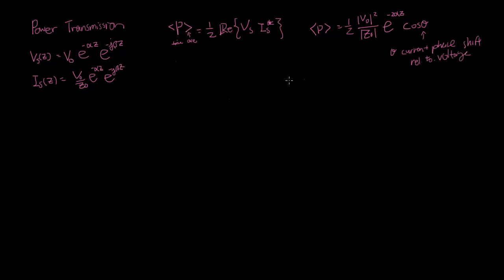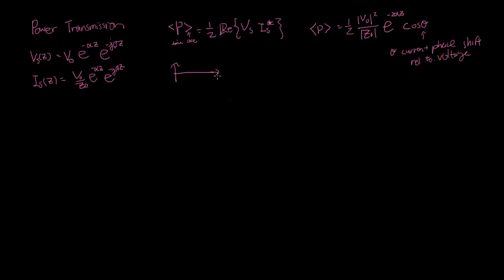So as you can see, if the impedance is a real quantity, then the two phasors, the voltage and the current, will be in phase. And so you're just going to get straight up these two multiplied together, which is what you see here. But if they're out of phase, you're going to have this extra theta, and that theta will reduce this overall power.